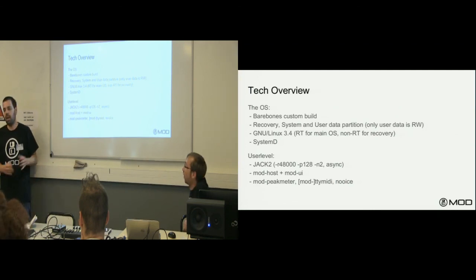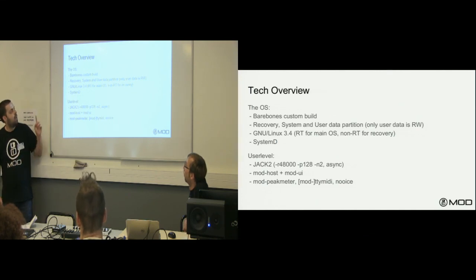There's the recovery partition in case something goes wrong, so the user can reinstall everything. The system partition, which contains the actual software and some reserved plugins. And user data, where users can dump sound files and plugins and whatever they save and install later on.